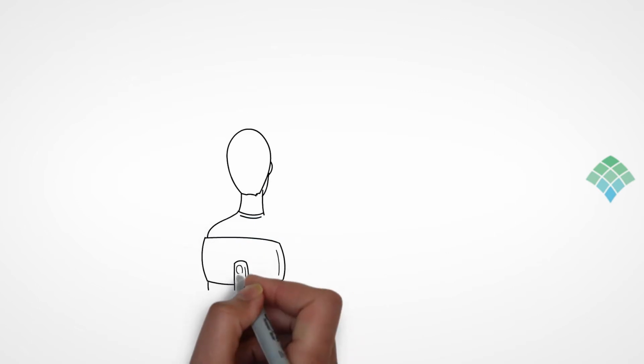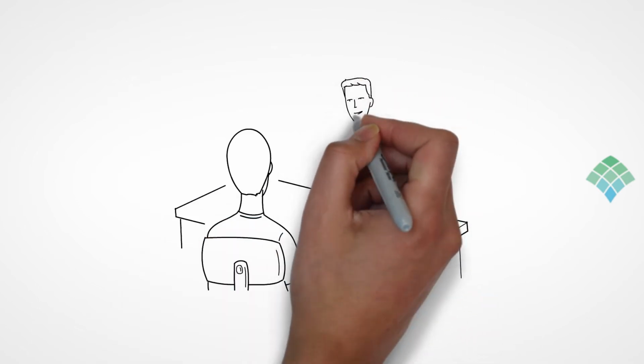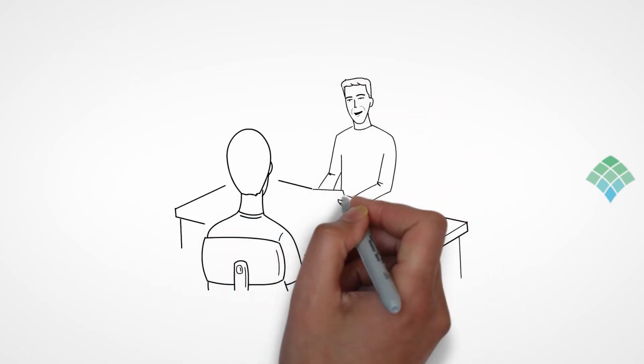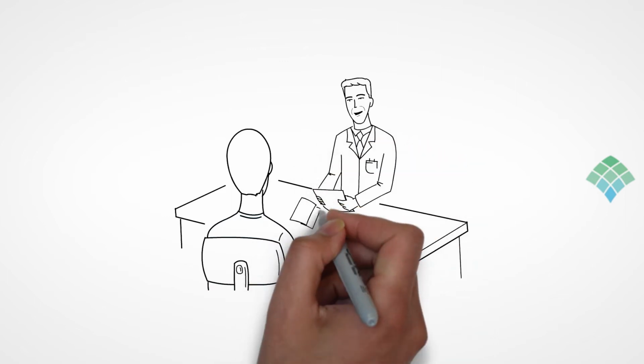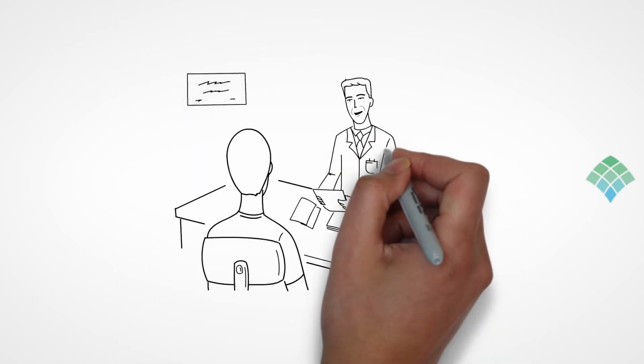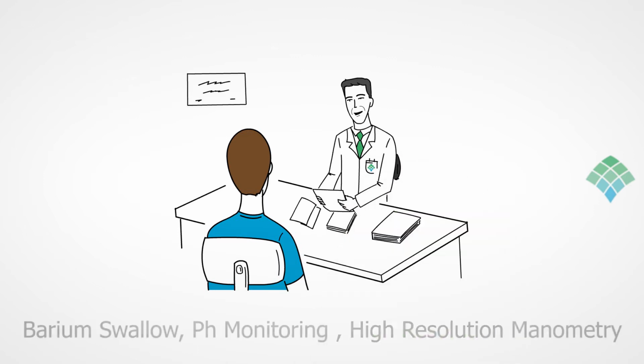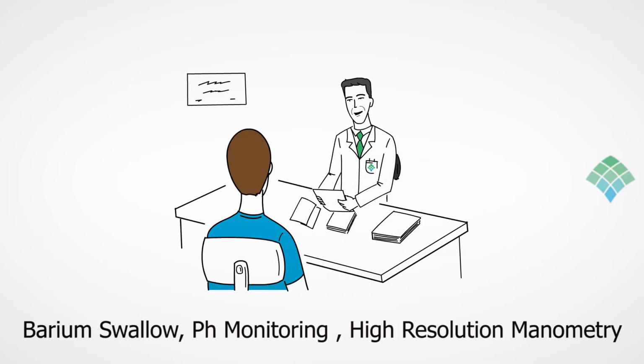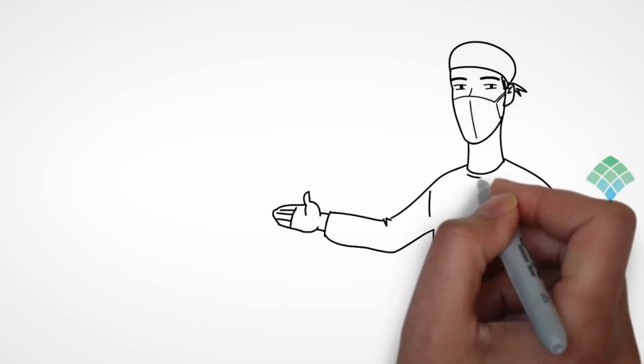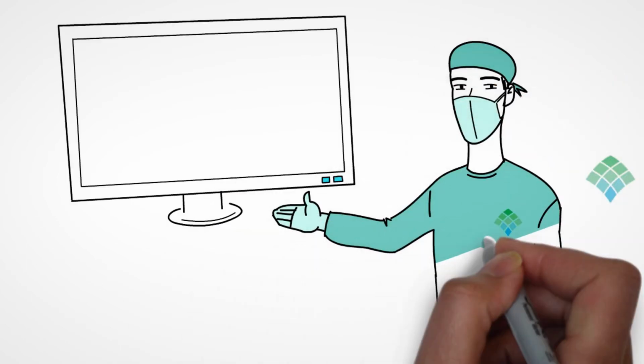Additional tests include barium swallow, pH monitoring testing, and high-resolution esophageal manometry. These tests are important parts of the evaluation and allow for assessment of esophageal function, the acidity, and movement of liquids within the esophagus. Barium swallow is a 20-minute test done by a specialized radiologist.